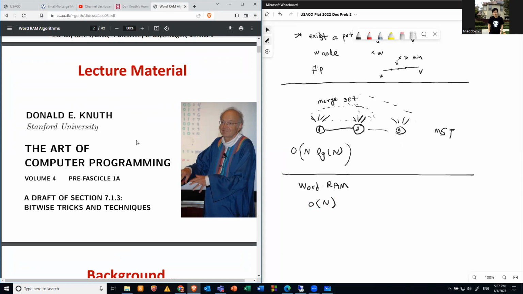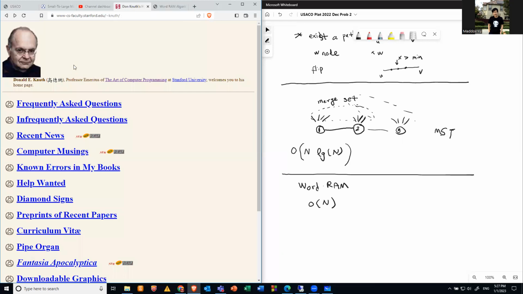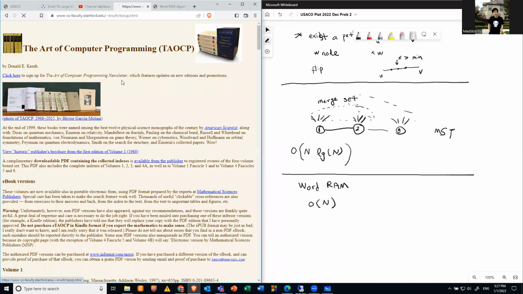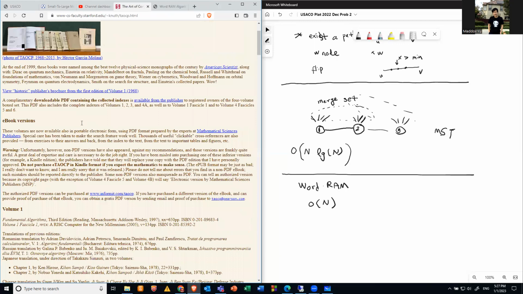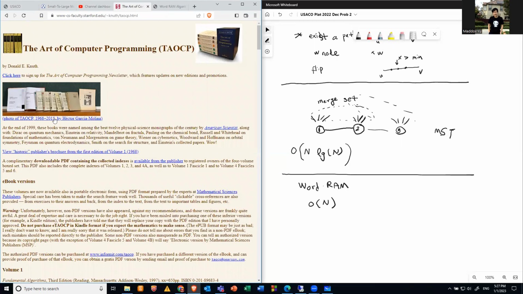The word RAM algorithm is from Professor Donald Knuth from Stanford University. It's actually a very famous professor at Stanford. There's a book called The Art of Computer Programming, and the word RAM algorithm is in his book.